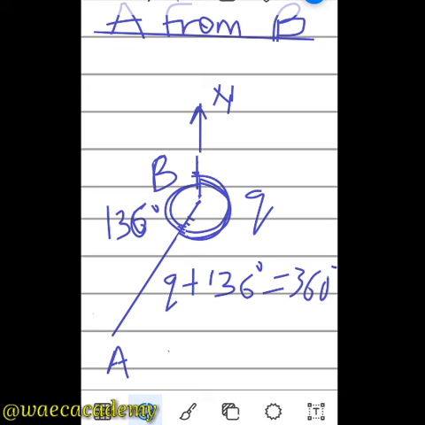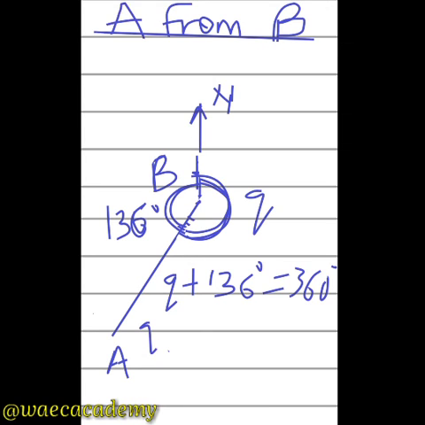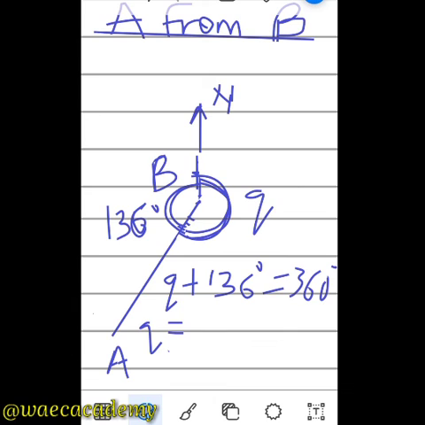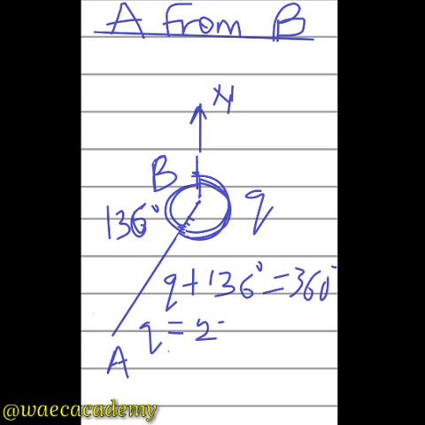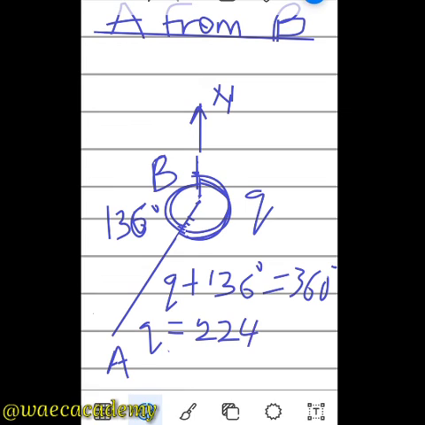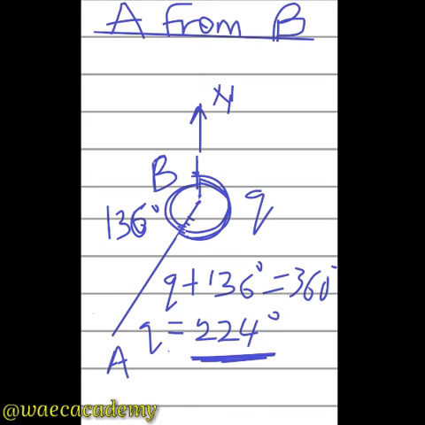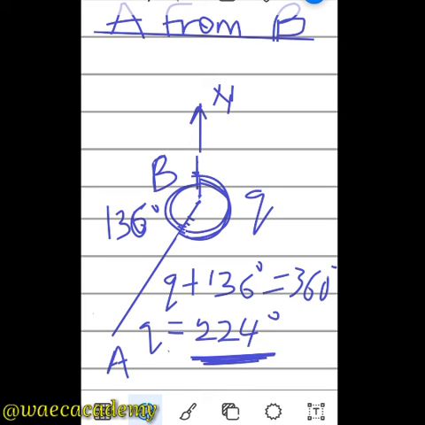So that's what we have. Which means Q is going to be equal to 360 degrees minus 136 degrees. I don't have much space, so let's just calculate it directly. That is going to give us 224 degrees. Which means the bearing is going to be 224 degrees, because that is the angle from north in the clockwise direction till you get to A.